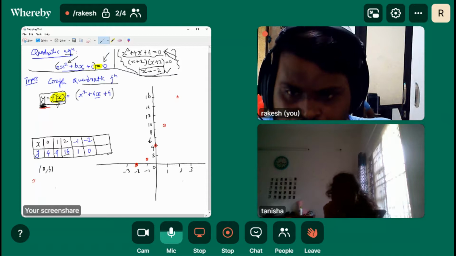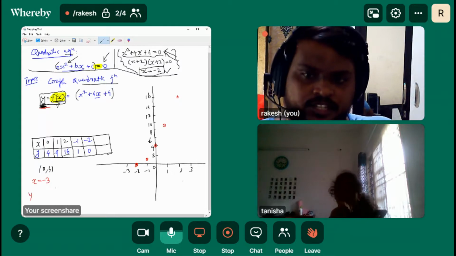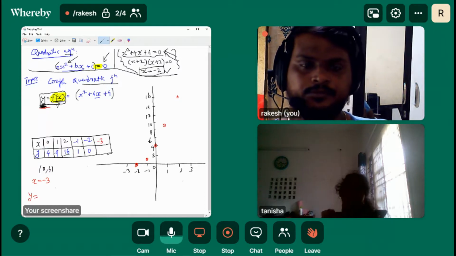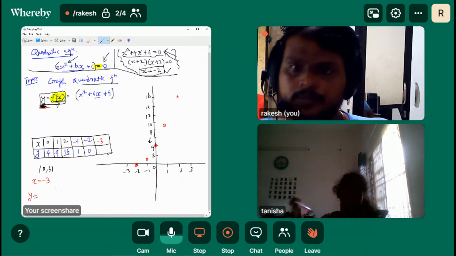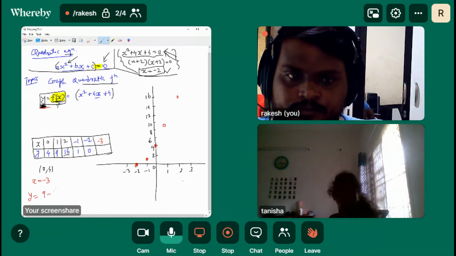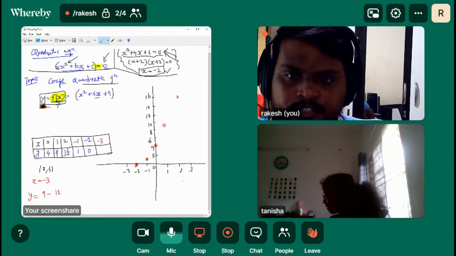I just want you to figure out one more value. For x is equal to -3, what would be y? -3 square is 9. 4 threes are 12, plus 4.